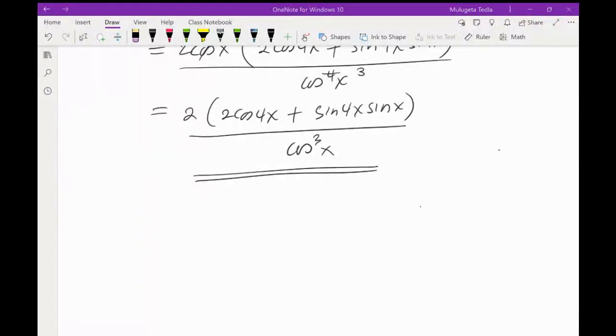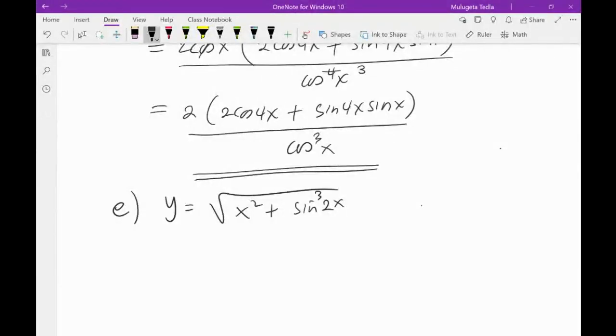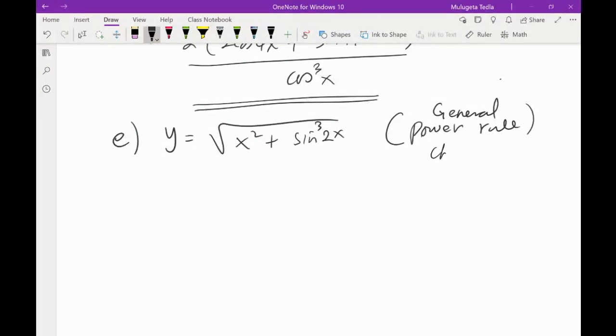Next question is y equal to square root of x squared plus sine cubed of 2x. Is that what it is? My mind is sine cubed 2x. Okay, so this is again the general power rule, or what we call the chain rule.